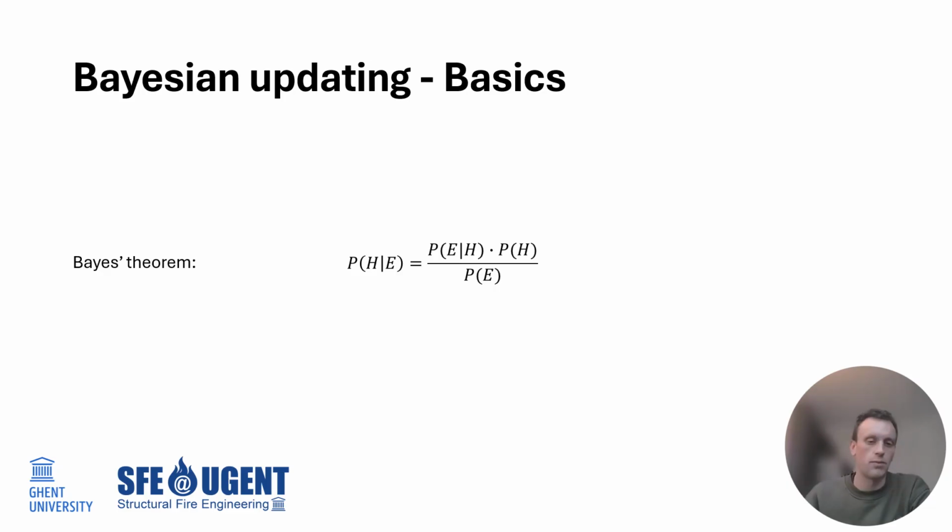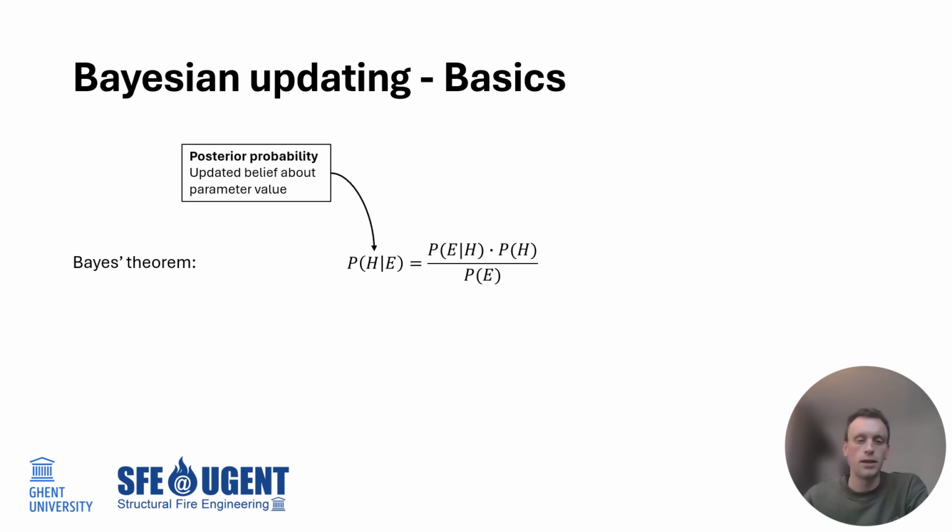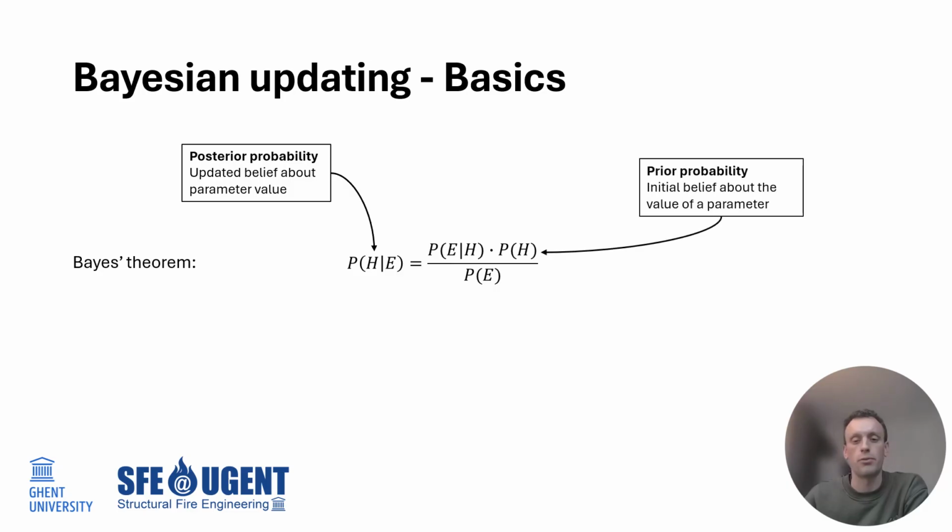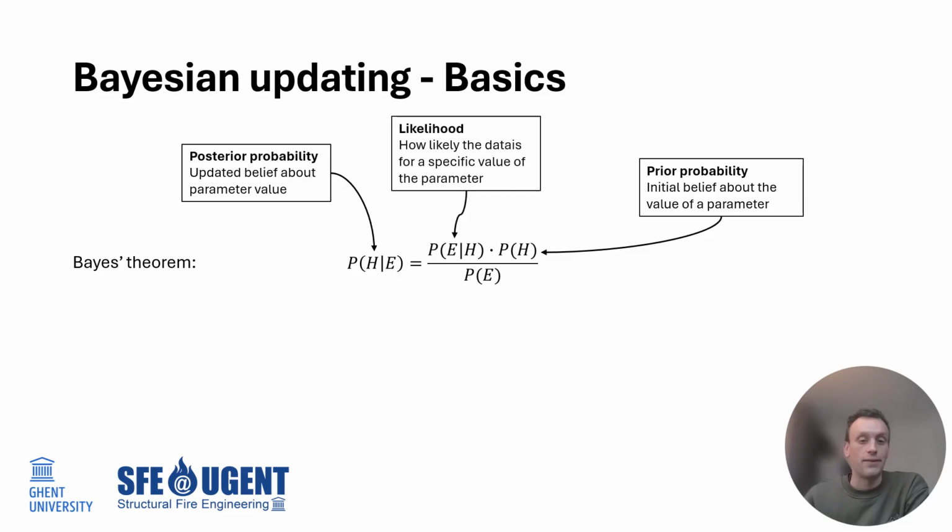Now, I think most of you at some point in your life will have seen Bayes' theorem, but just as a quick recap, Bayes' theorem actually tells us that the posterior probability, and this one actually represents the updated belief about the parameter value, can be calculated as a multiplication of the prior probability, which indicates our initial belief about the value of a parameter, and then the likelihood, which answers the question how likely the data is for a specific value of the parameter.